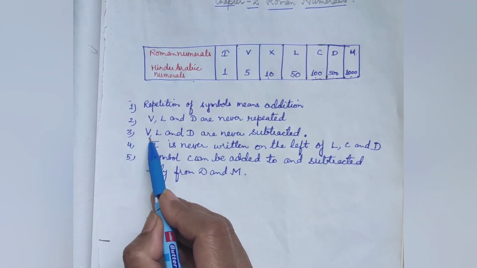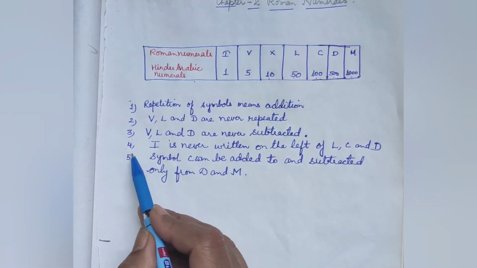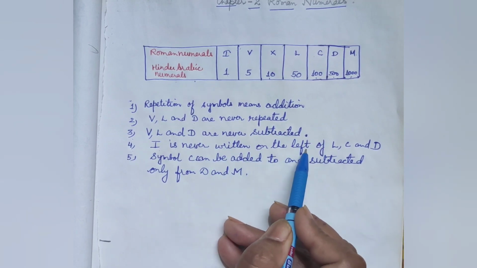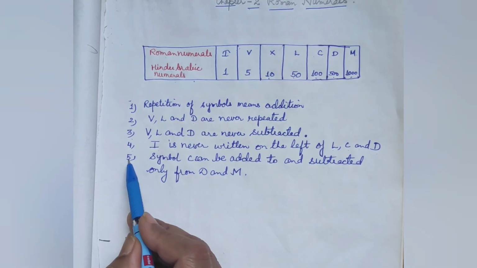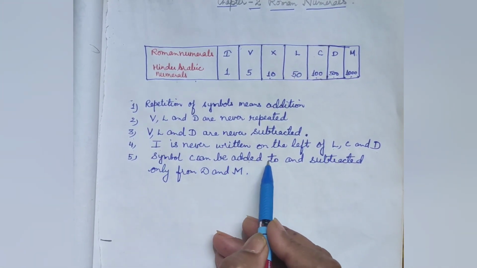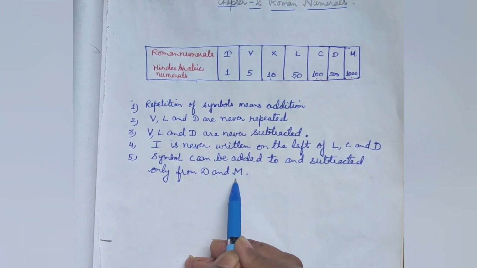Number 3, V, L and D are never subtracted. Number 4, I is never written on the left of L, C and D. Number 5, symbol can be added to and subtracted only from D and M.